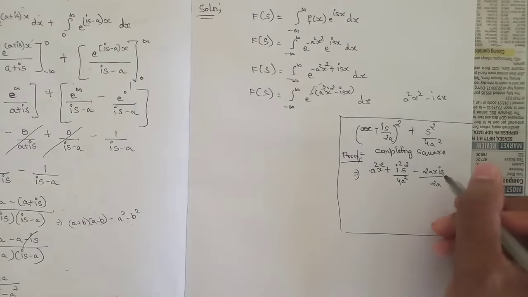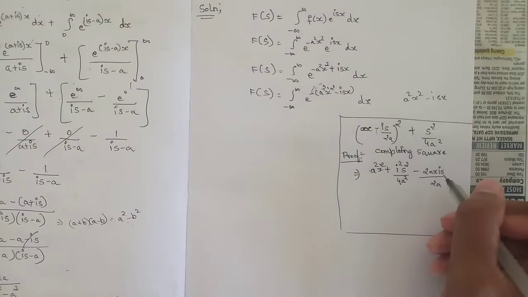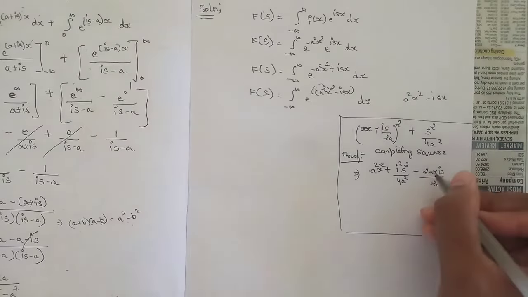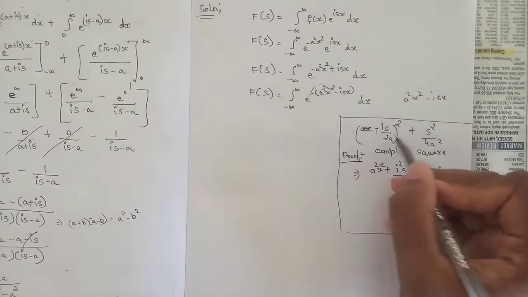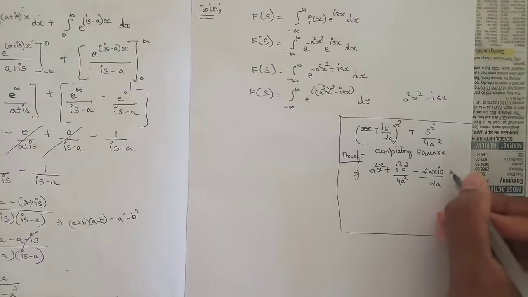This is not axis. All are different variable names, so please don't confuse it with the word axis. Axis, that is 2 into a into b, plus s square by 4a square, keep it as it is.